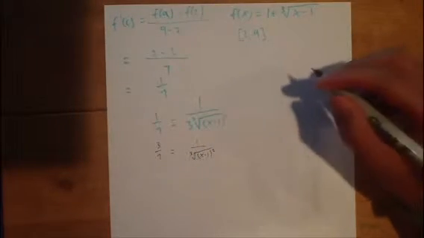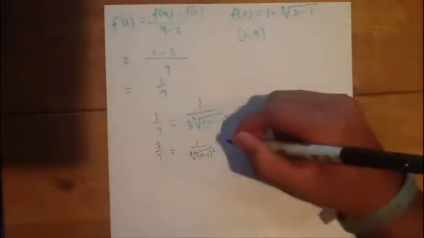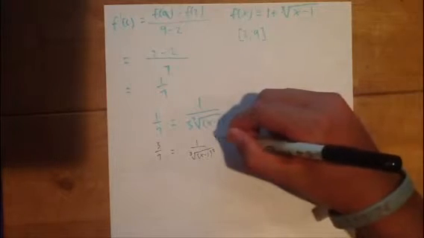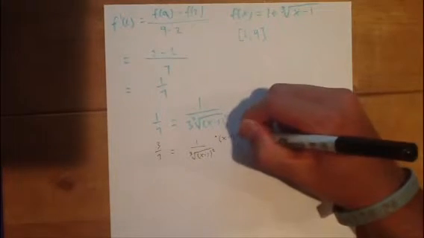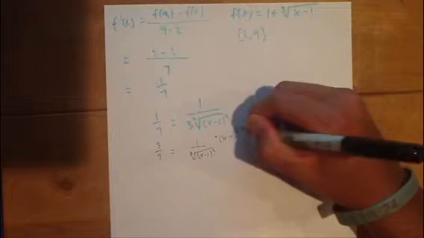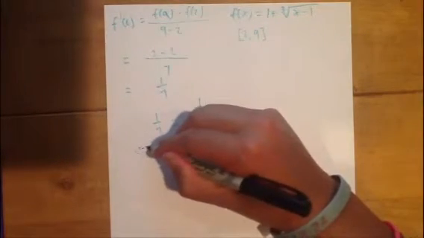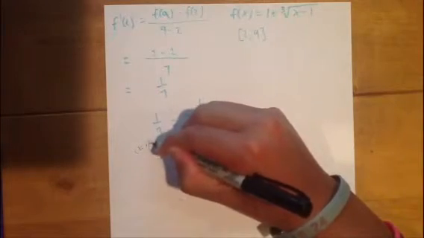Then I'm going to multiply both sides by x minus 1 to the 2/3.